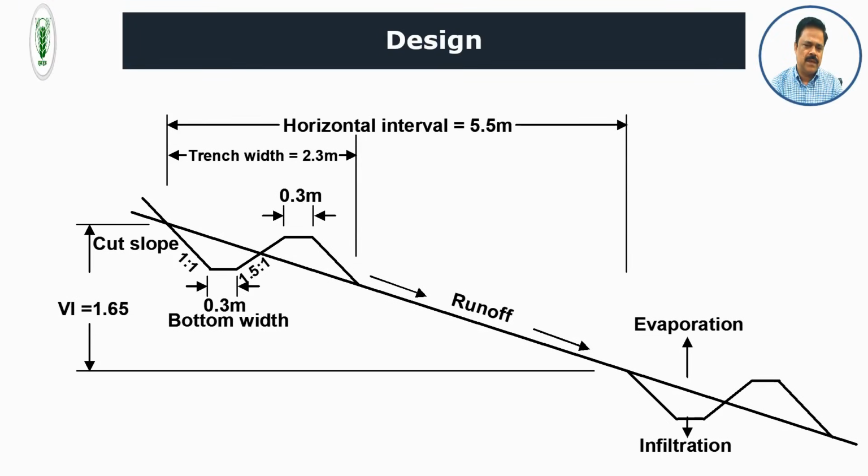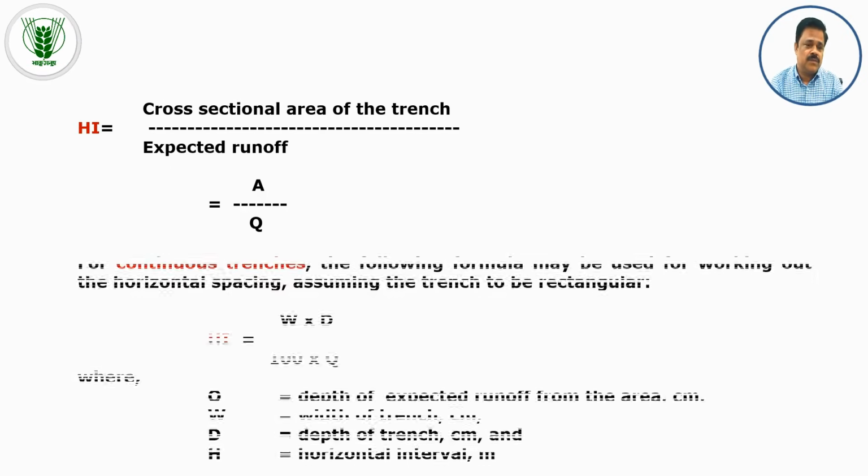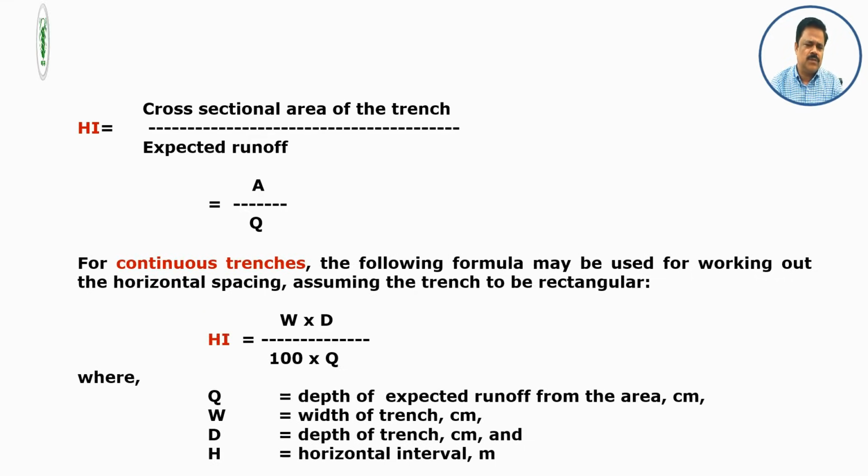This schematic diagram shows some of the characteristics of the trench. This is the runoff on the surface, and you can see the horizontal interval between the two trenches, the vertical interval between the two trenches, and the trenches as well. So to design the trenches, you need to know the horizontal interval between the two trenches, that is the distance between the two trenches.